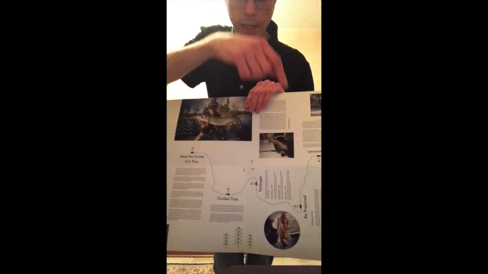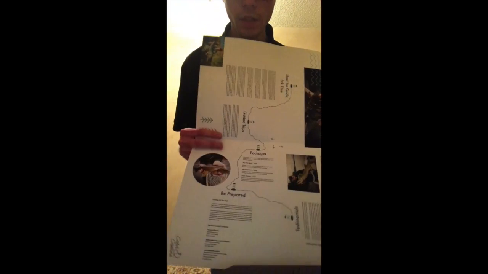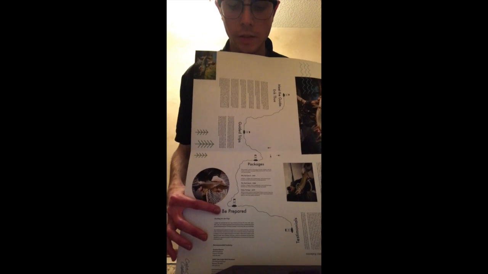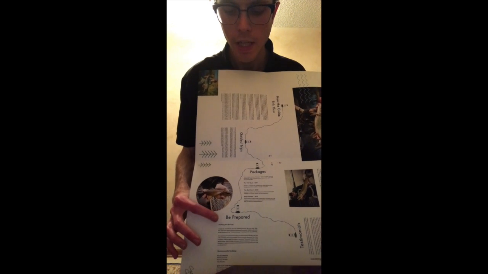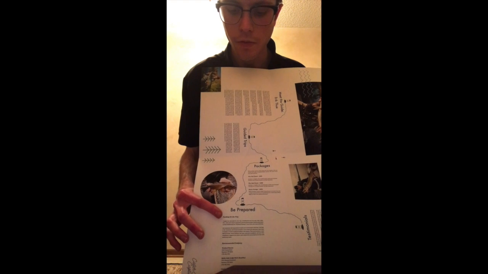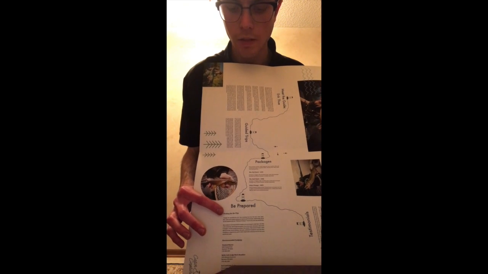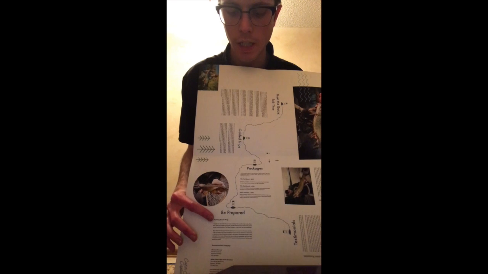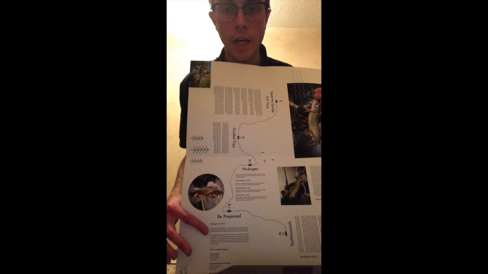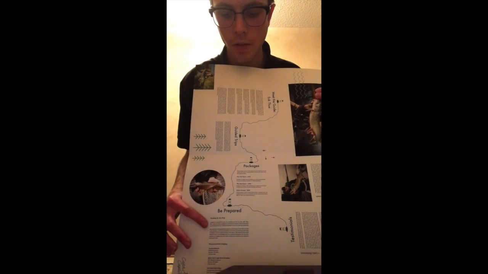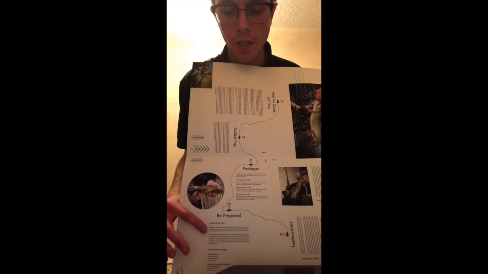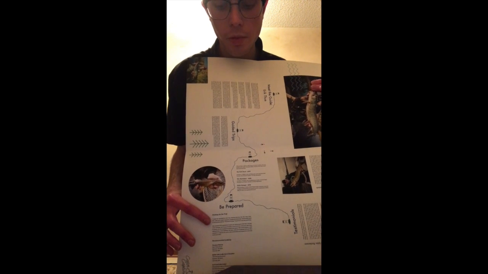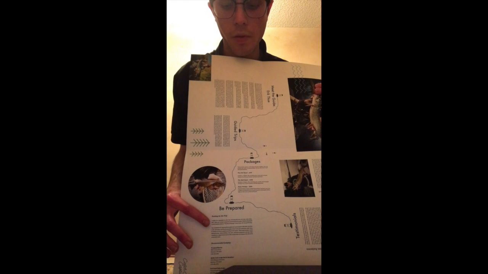And then I also added another section called Be Prepared, which is a Boy Scout motto. The first subsection of this is packing for the trip, which gives a little paragraph on what people hiring my brother should bring and what they don't need to bring and what my brother will provide.